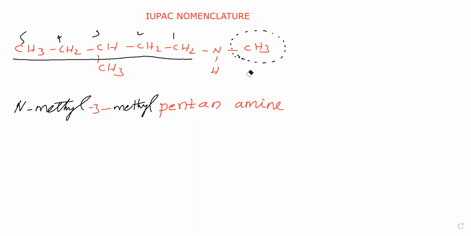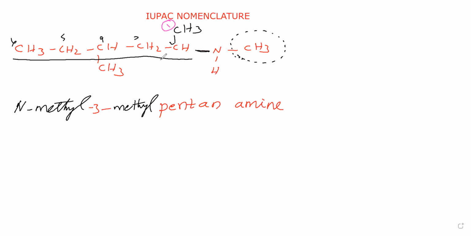Why mention the position of NH? That we'll see. Suppose this compound we are writing like this. Now you see how we give numbering. For this, number 1 is here, then 2, 3, 4, 5, 6.